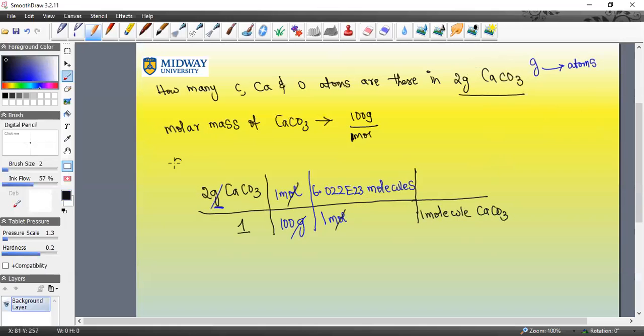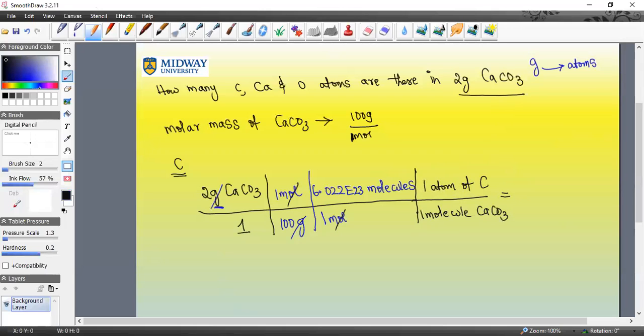Let's say we're dealing with carbon. We're calculating the number of atoms of carbon. So a molecule contains how many carbon? How many subscript is next to carbon? Nothing, just 1. So 1 atom of carbon. So let's calculate this.